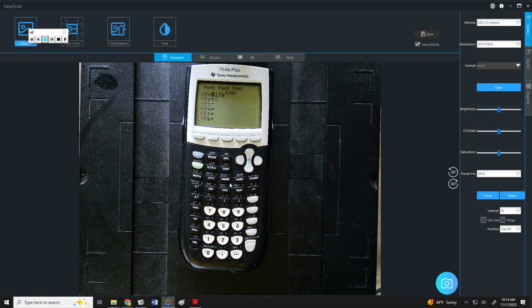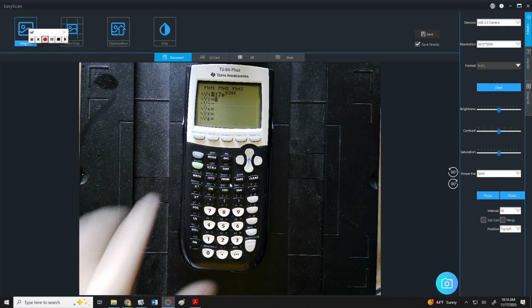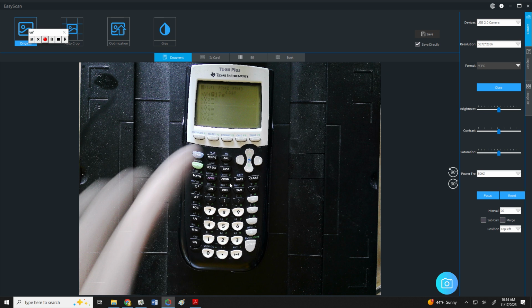So now y1 has stored our equation. If we want to do the average rate of change for that function from 1 to 7, we can do that now in our calculator.